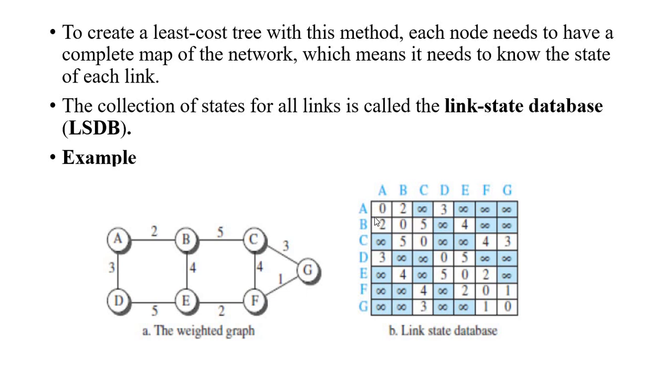The main part is that all the node values are written horizontally and vertically. In the table, from A to the same node the value will be 0, from A to B the cost will be 2, and from A to C it is unknown, so infinity, because there are many pathways to reach node C from A. Only the directly connected nodes will be given a value, and all the remaining will be noted as infinity.